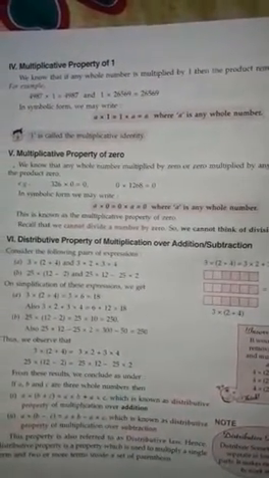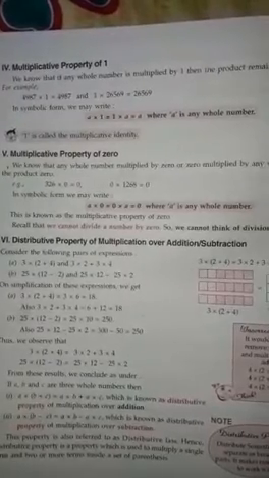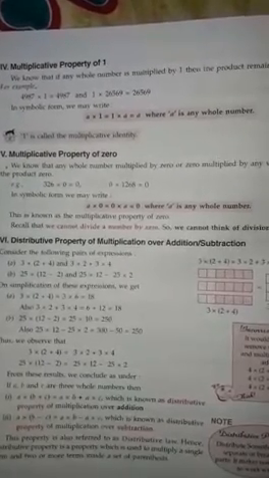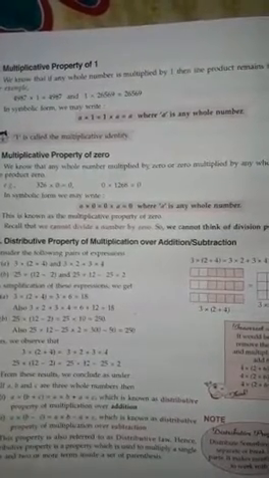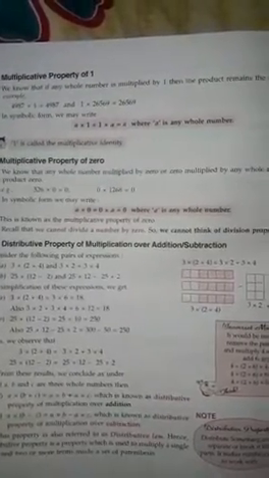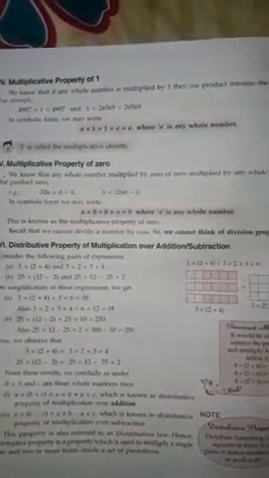And next one is multiplicative property of 0. When we multiply any whole number by 0, the product is also 0.